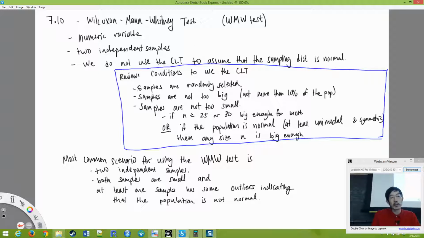So the Wilcoxon-MannWhitney is in a family of what we call non-parametric tests. Okay, so non-parametric tests do not put assumptions on the populations. Okay, so that's in contrast to a t-test.